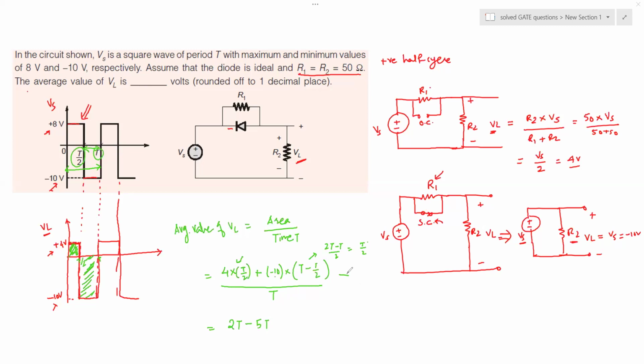Because this term is here minus 10 into T by 2, so it will be minus 5T. Okay, so that is correct. And then this is 1, and here it is minus 3T by 2 divided by T. So T gets cancelled. The answer is minus 3 volts. This is the average value of this waveform, and this is how we could solve this problem.